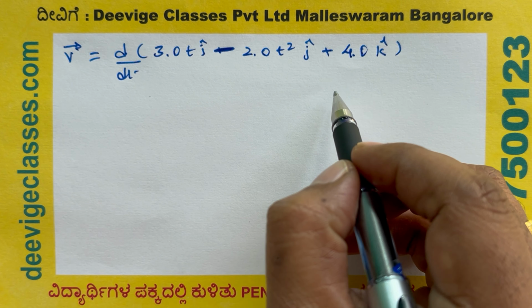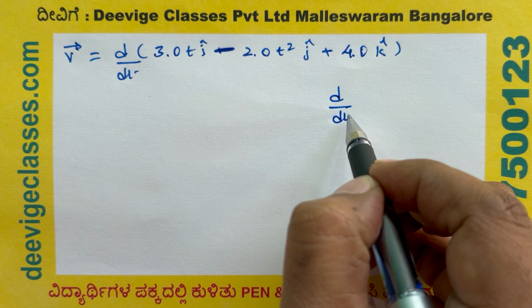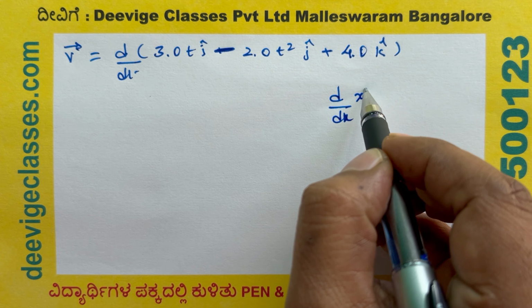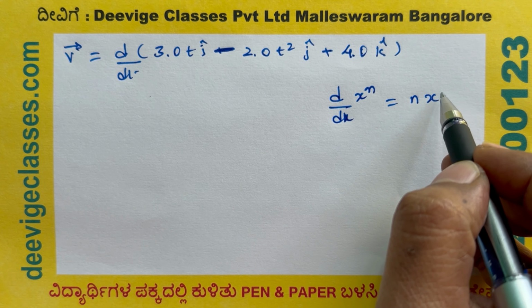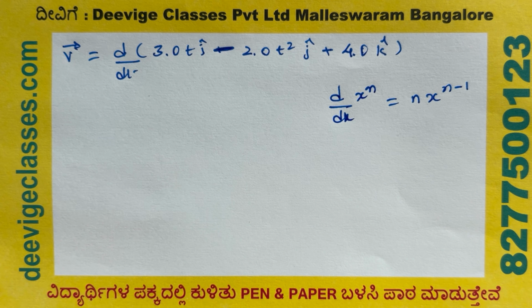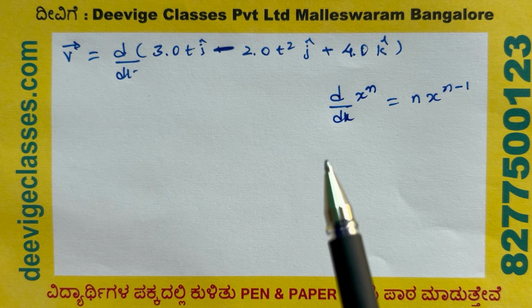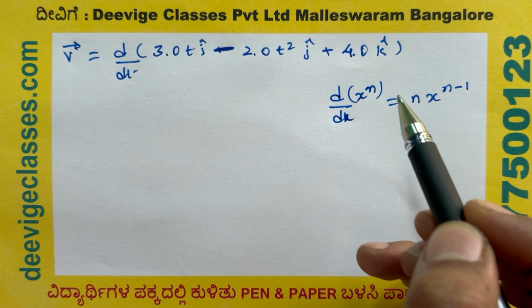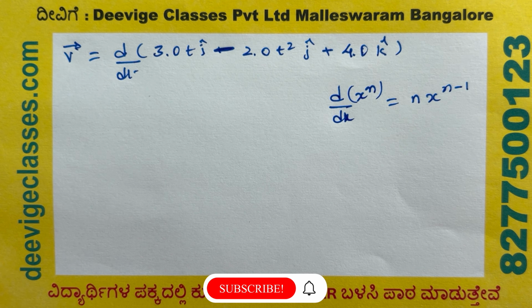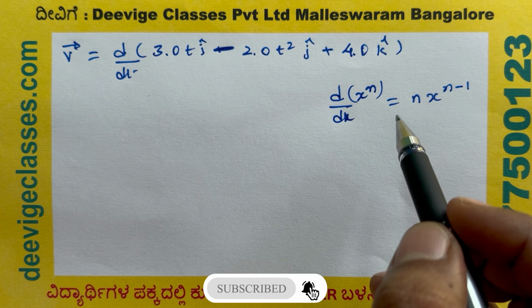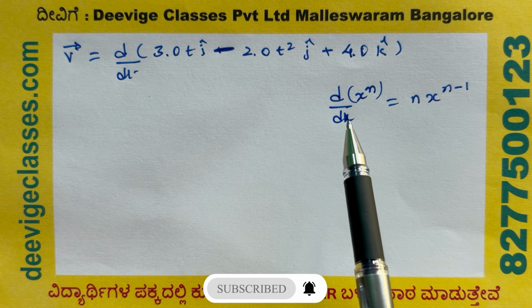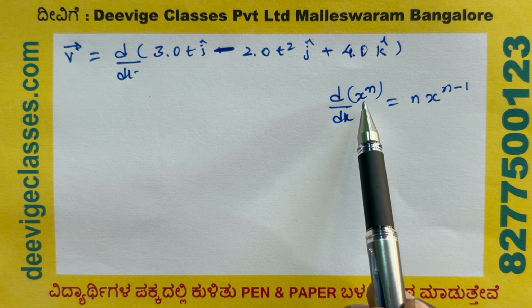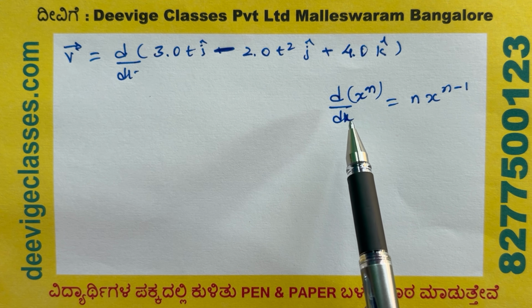So the formula is that differentiation of x to the power of n with respect to x is equal to n into x to the power of n minus 1. So by using this formula, we'll differentiate. Here we are differentiating t to the power of n with respect to t.